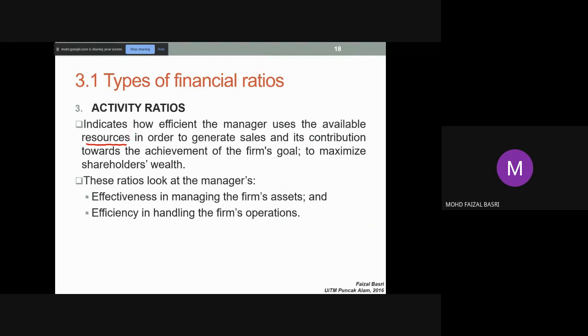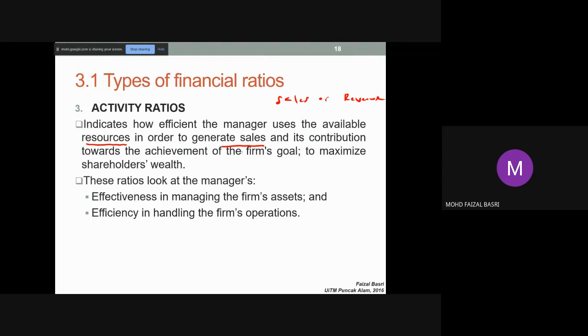They utilize the assets in order to generate sales. So a lot of the ratios under activity ratios use sales figures, or revenue, depending on the company. Some companies involved with services don't say sales, they say they generate revenues. But basically it's the same thing, depending on the type of business.